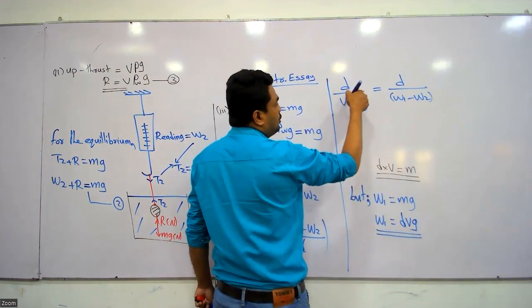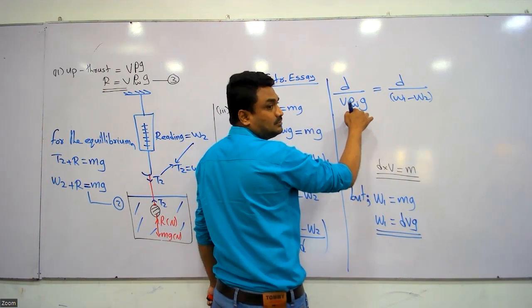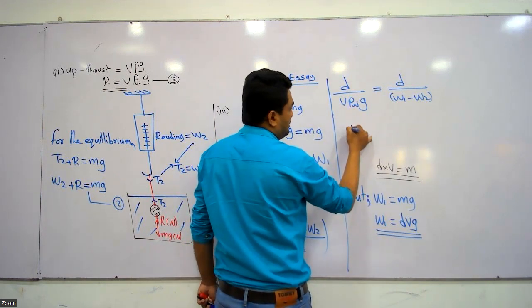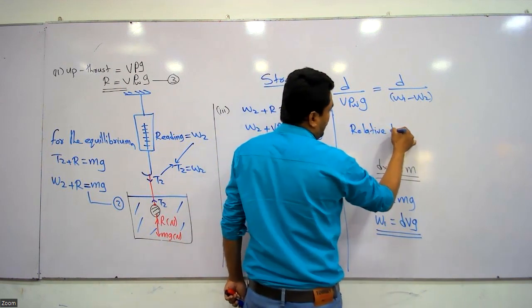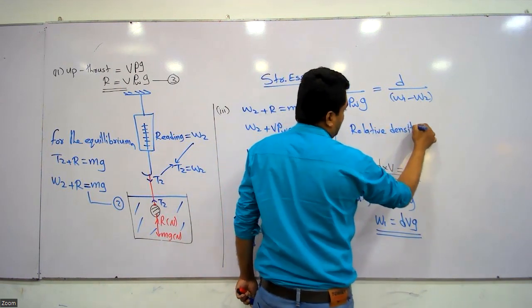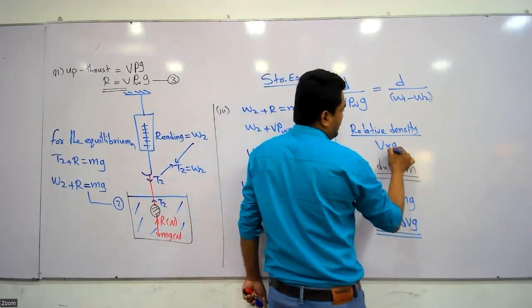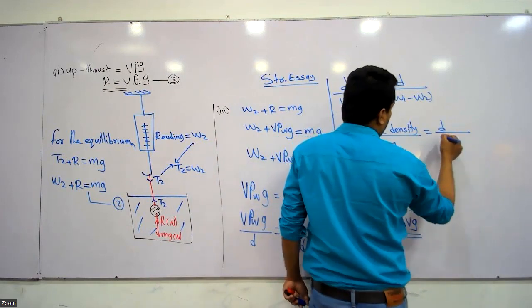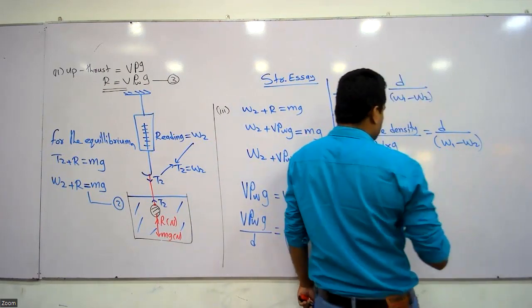What is D over rho W? Density of the metal divided by density of wood. Relative density. Relative density. D over rho W divided by V times G equals D over W1 minus W2.